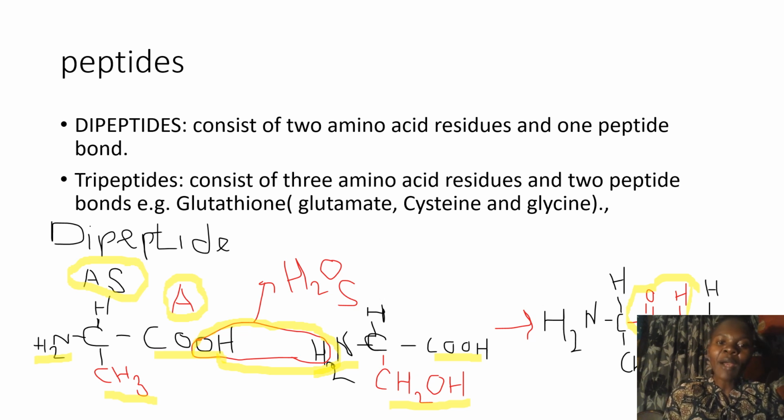I'll give you 1 mark for each of the individual structures of the amino acids. Then lastly, I give half a mark for the dipeptide forming and another half a mark for water. So you'll have 3 marks. But if you don't give me individual amino acids and you go straight and draw this one, maybe you got the structure of serine wrong, then everything will be wrong.